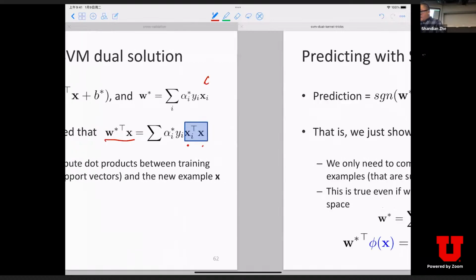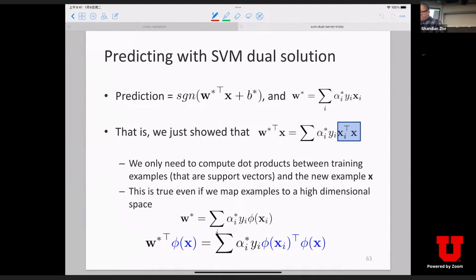Then if we want to generalize our SVM from a linear classifier to a nonlinear classifier, we mentioned that there's one trick. I first do some nonlinear feature transform over the input feature vector, say x_i. If in the original feature space, the data points represented by x_i are not linearly separable, what should I do?